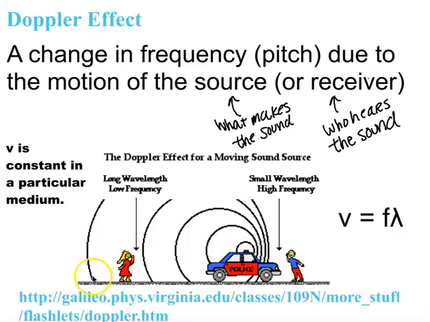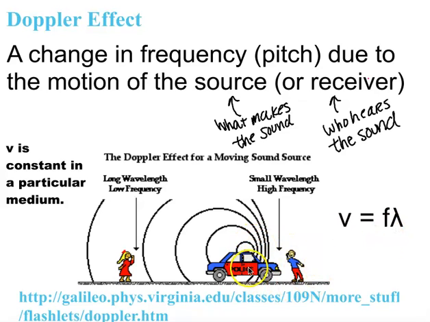So in this picture, you can see here, these waves are farther apart. The wavelength here is bigger, and the bigger the wavelength, the lower or smaller the frequency will be in order to keep the speed of sound the same. Remember, frequency and wavelength are inversely proportional.